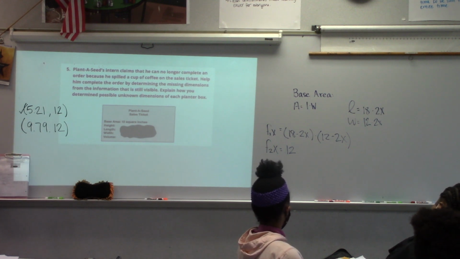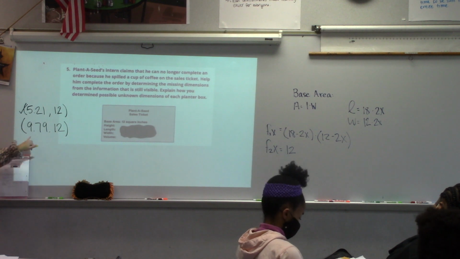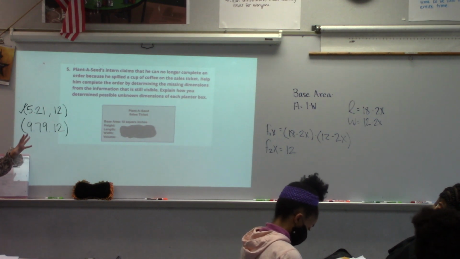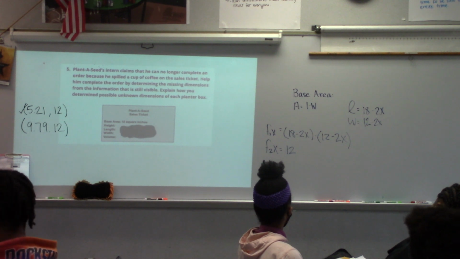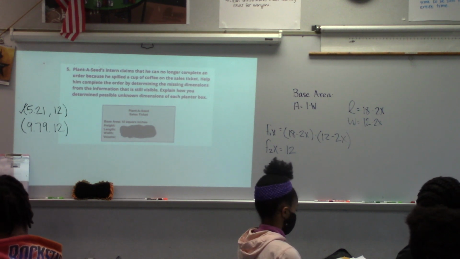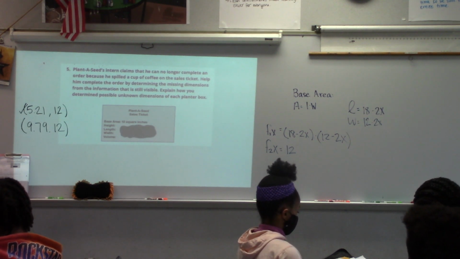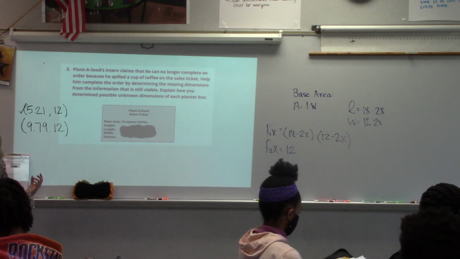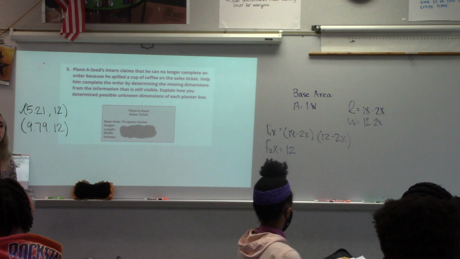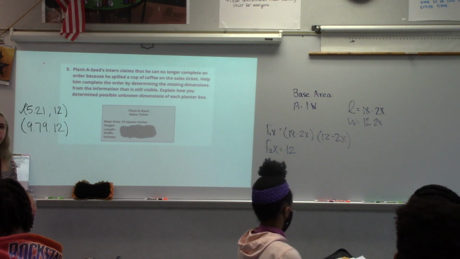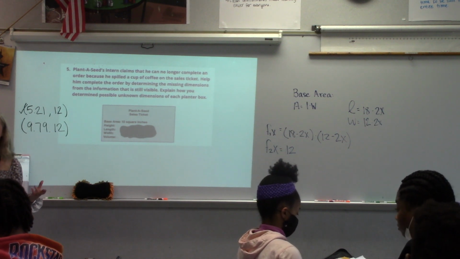What happened, KT, when you substituted 9.79 into the width formula? Okay, so he got a negative value. Can width be negative? No. So if you didn't pay attention to the context of our problem and you calculated the dimensions and got something negative, you know right away you probably did something wrong because we can't have a negative width. Does that make sense?